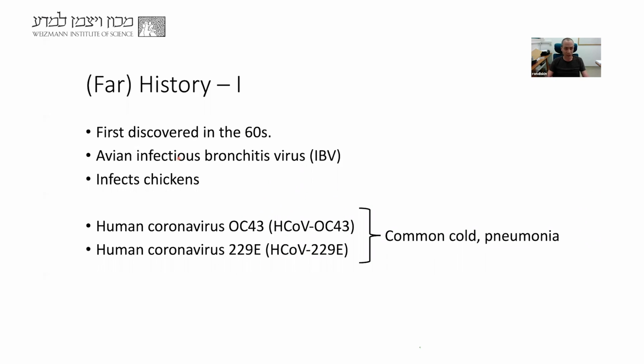Now, a little bit about the history. The first coronavirus was actually identified in the 60s. This coronavirus was detected as a virus that infects chickens, and the name of this virus is avian infectious bronchitis virus, or IBV. It's still circulating globally. It is considered an agriculture problem.